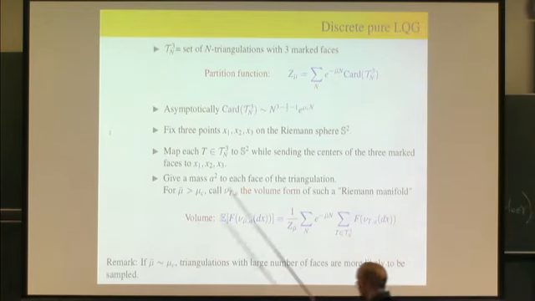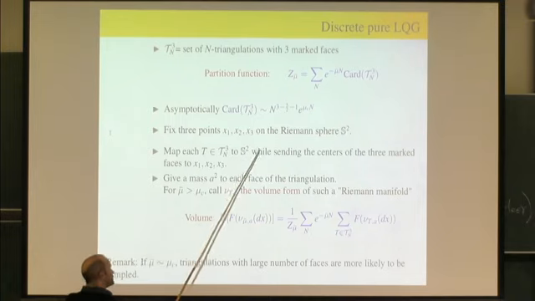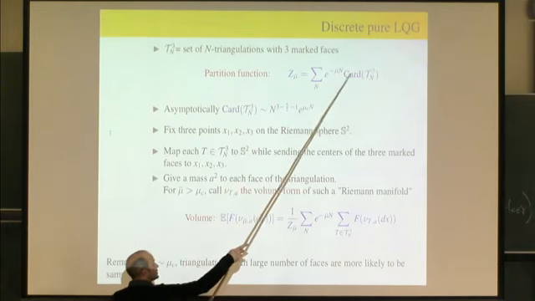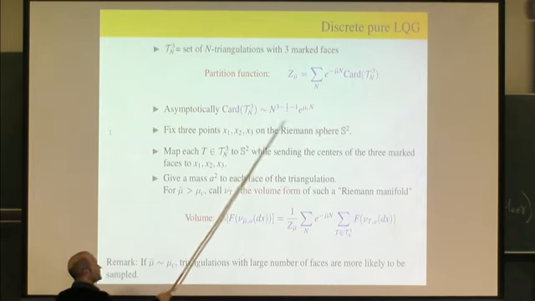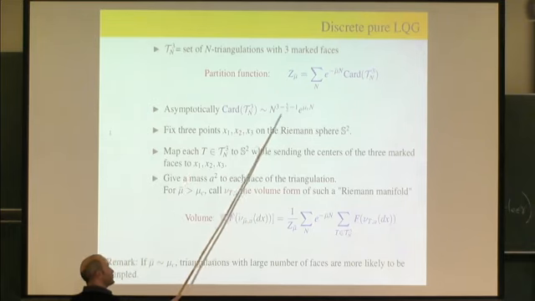So this is some kind of Boltzmann weight. And there are some theorems which tell you that the number of such triangulations behaves like this: you have a leading exponential term and a polynomial correction here.